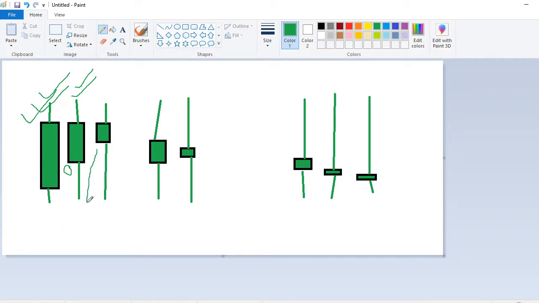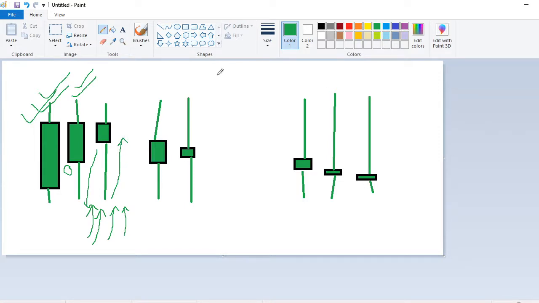The more sellers are there, the same and more energy, buyers pushed it up. Whenever you see candles with very long legs or long wicks on the bottom side, it's a clear indication that there is price rejection at the bottom levels. Buyers are not allowing the stock to fall, and they are very aggressively pushing it up.